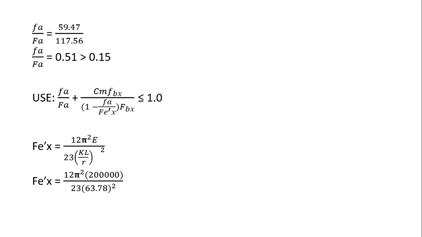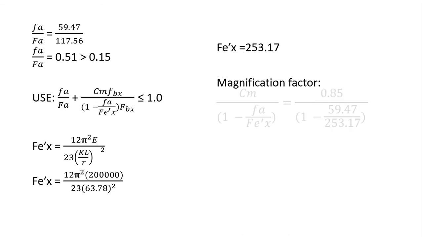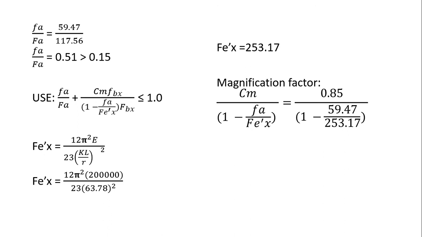So, substitute the value. So, 12 pi squared times 200,000 over 23 times 63.78 squared. So, it is equals to 253.17. So, the magnification factor should be CM over 1 minus FA over FE prime X. So, the value of CM is 0.85 over 1 minus 59.47 over 253.17.